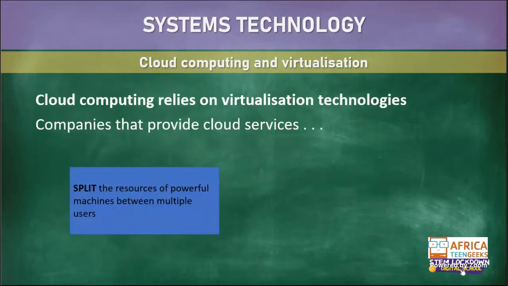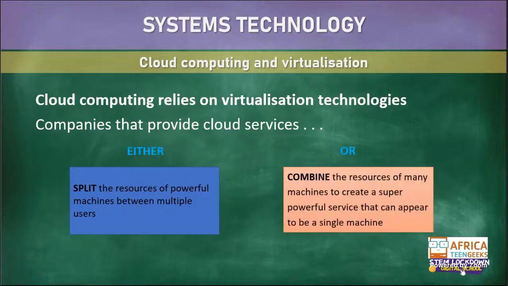Cloud computing mostly relies on virtualization technologies, and companies that provide these services do it in two ways: they split the resources of powerful machines between multiple users, or they combine the resources of many machines to create a super powerful service that can appear to be a single machine.